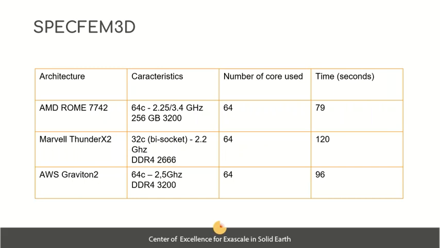But when we look at the Graviton 2, the result is not as good compared to Rome when using 64 cores as it was with only 16 cores used.